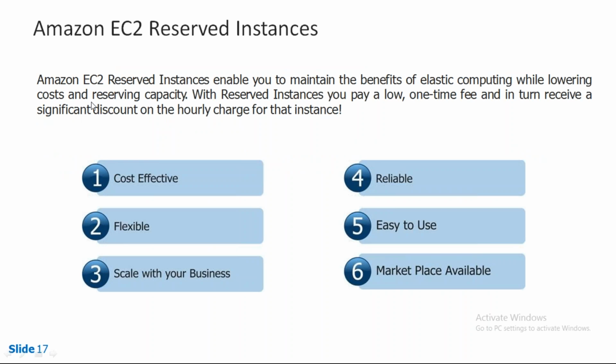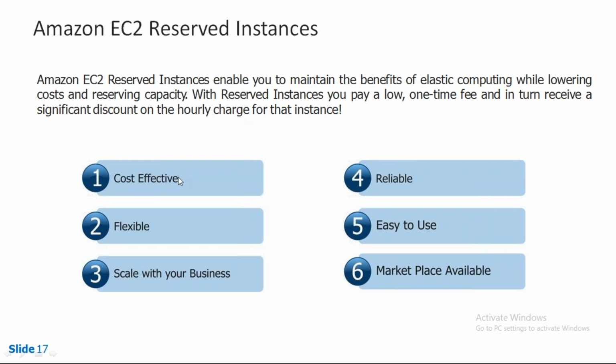Amazon EC2 reserved instances enable you to maintain the benefits of elastic computing while lowering cost and preserving capacity. With reserved instances, you pay a low one-time fee and in turn receive a significant discount on the hourly charges for the instance.